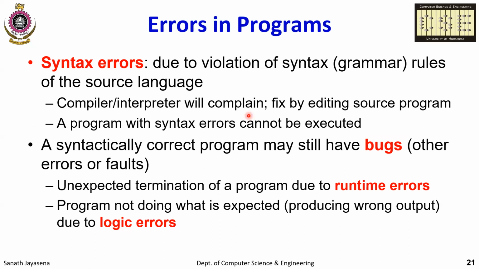That means the program is still not doing what it is expected to do. It produces wrong output. This can also be due to certain errors called logic errors, right? That means somewhere in your code you have mistakenly done something, causing these logic errors, which leads to producing wrong outputs. Right.